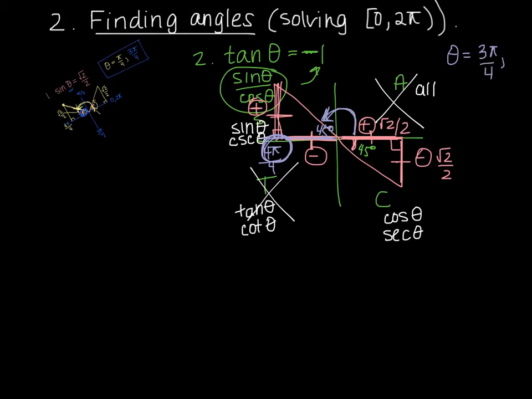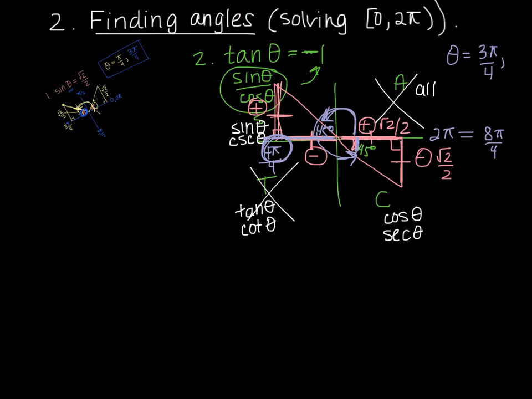And then I have to go all the way around, almost, and I'm 45 degrees short of going all the way around. All the way around we talked about being 2 pi, which is 8/4, and so I'm 1 pi over 4 short, because my reference angle was the 1 pi over 4.